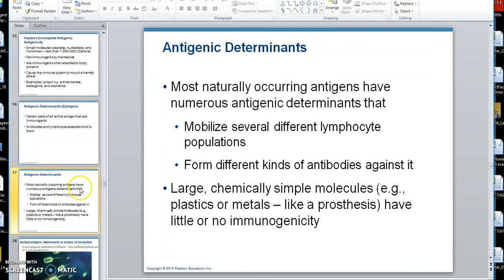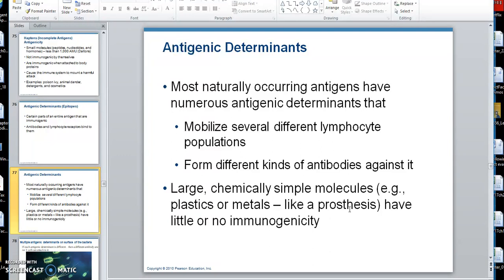So that's the reason that in the third line, you really don't fight against plastics or metals. That's why artificial things like a prosthesis, that are plastic or metal, wouldn't have any antigenic determinants. And if they did, they would be uniform. What parent is going to hand you in the genetics a fight against a plastic or a metal? So that's why prostheses don't really cause anything.